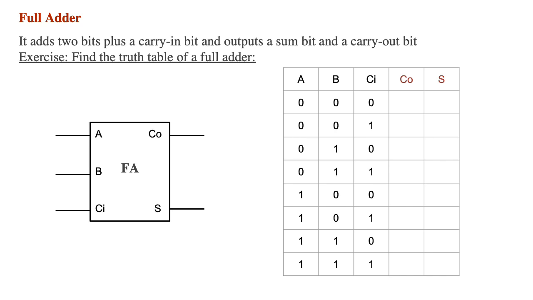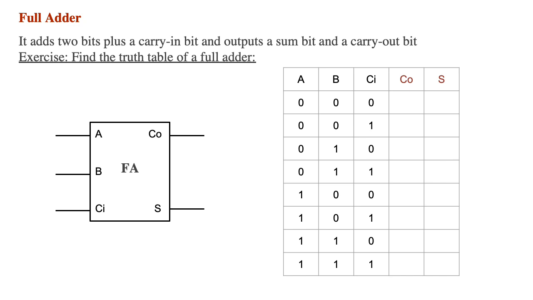For example, if you're adding 9 plus 8, the result would be 17. So you have a 7 and then 1 carry out. It's the same in the digital lab. The basic building block is the full adder.